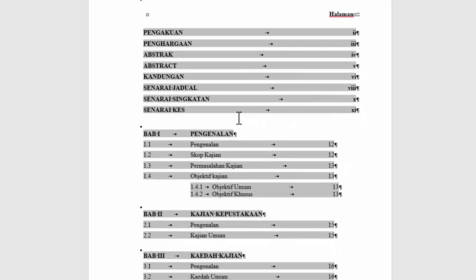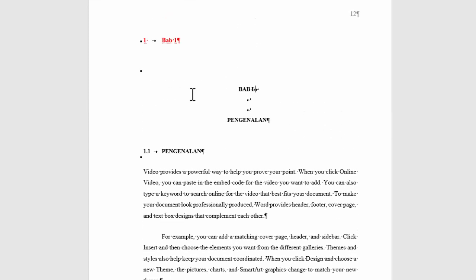Right, so once you do that, it should have updated everything to the correct page number. Okay, for the preliminary pages at least. For bab 1, this page number is wrong. It should not be 12, but it should be 1. Alright, so now I will show you how to do the correct numbering for your page.